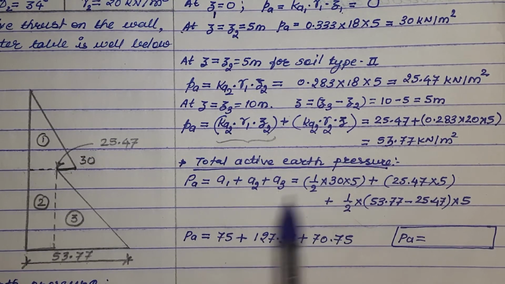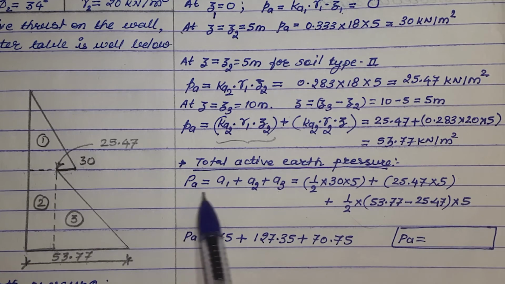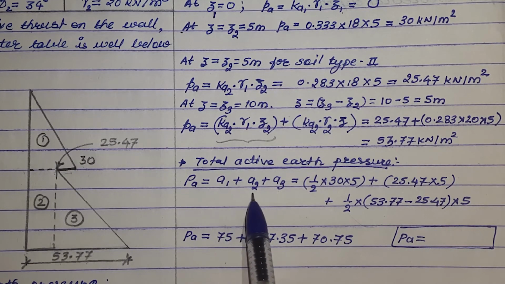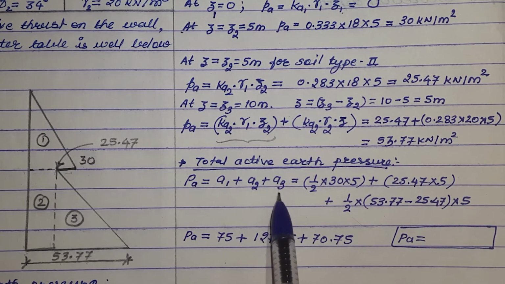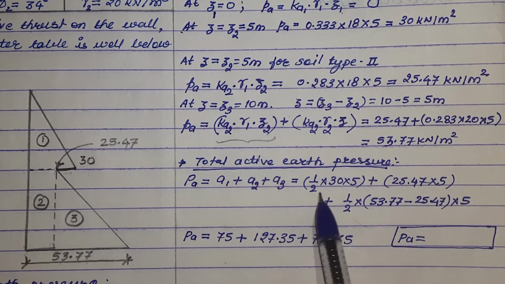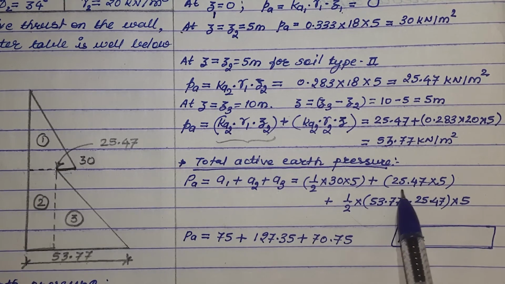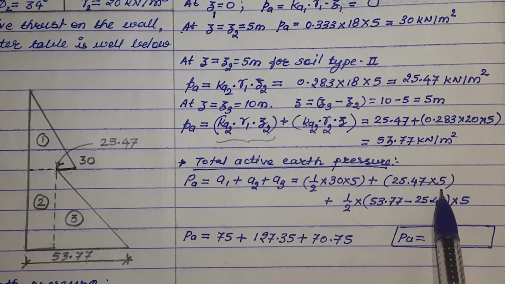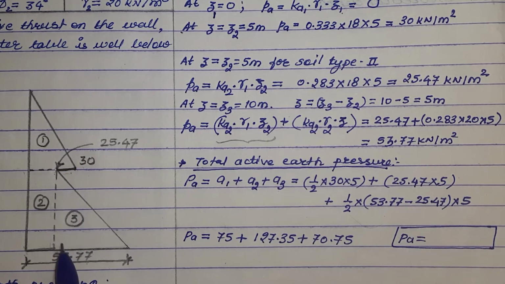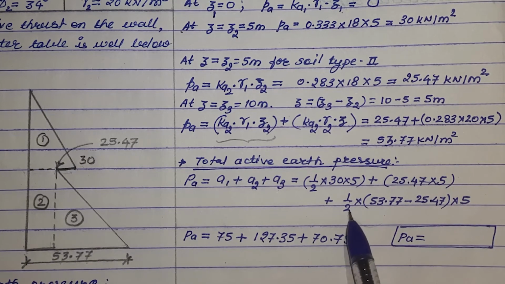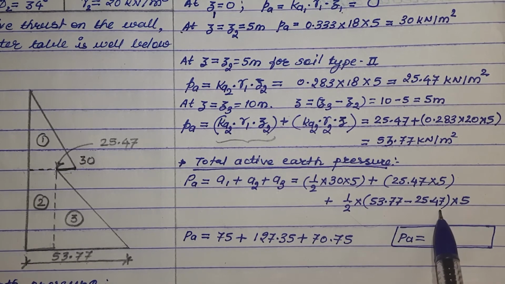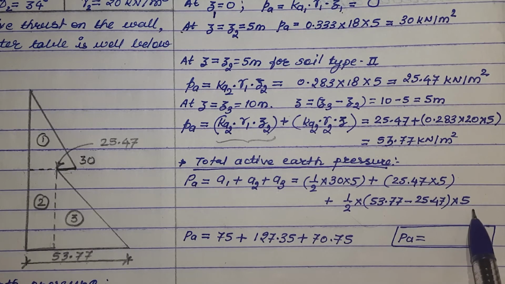Thus, total active earth pressure, capital PA, is equal to area 1 plus area 2 plus area 3. Area 1 is this triangle, so half base into height. Area 2 is this rectangle, so width multiplied by height. And area 3 means the area of this triangle, so it is half, this is base, 53.77 minus 25.47, multiplied by height.